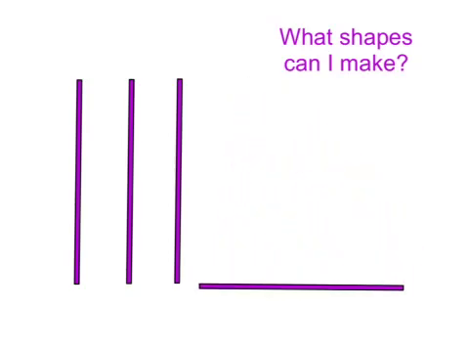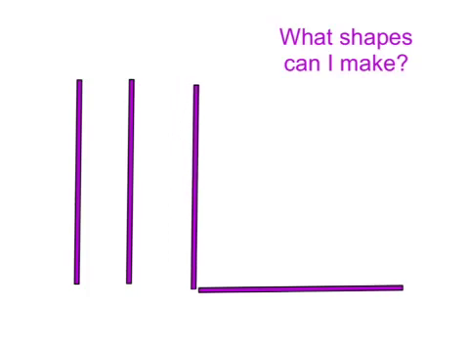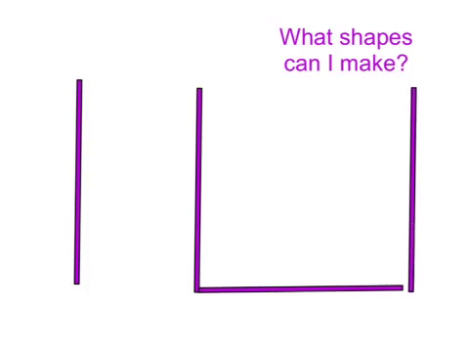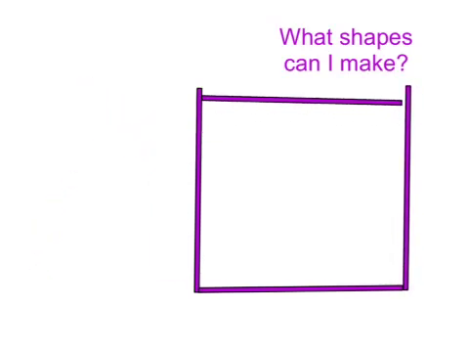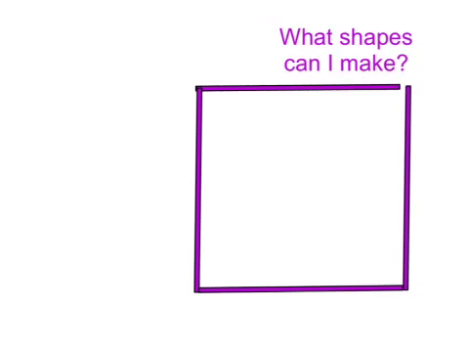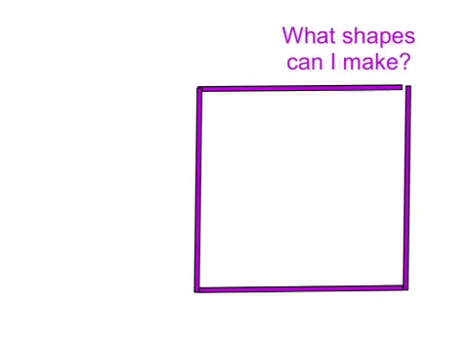If I turned one of the sticks around this way and joined it to this one, joined that one to this one, and turned this one around, what shape have I made? It's a square. That's one shape that I could make with these sticks.